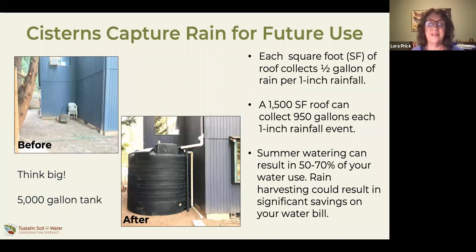And here's a before and after example here. So think big. I believe you're looking at about a 5,000 gallon tank right there. And you can see where the original downspout was in the beginning.